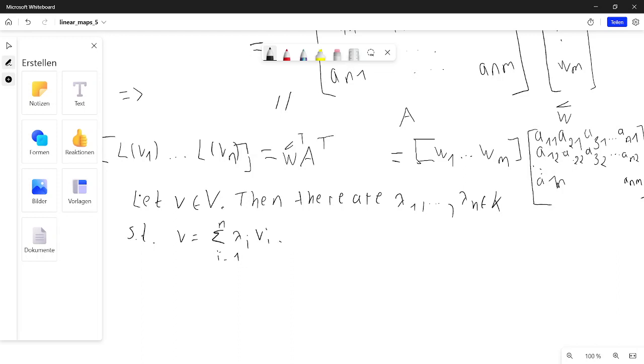Okay. Then just apply linearity of the map to this vector to obtain this. Just apply linearity by addition and then by scalar multiplication, and you will obtain this.